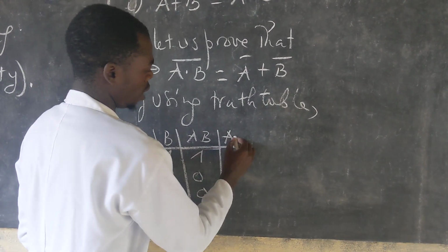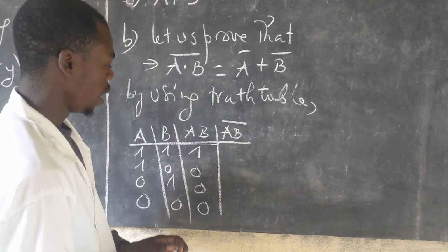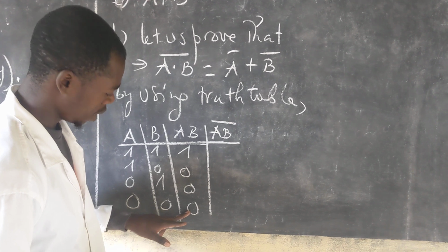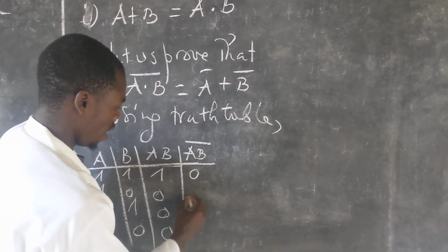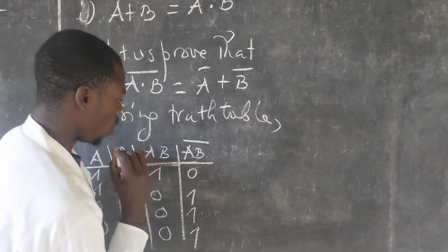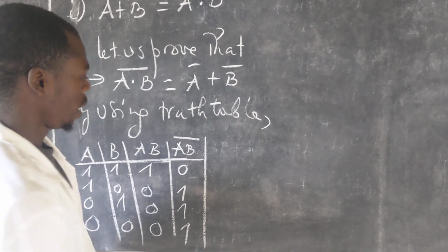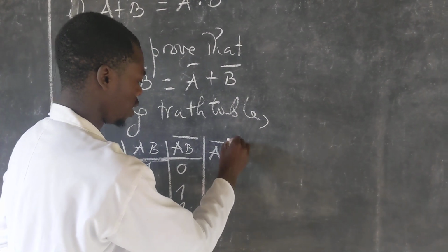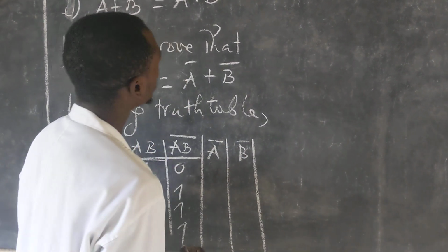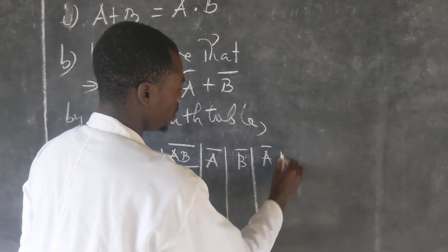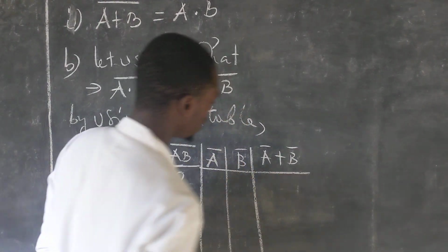So now A cross B negation, we have to invert this, 0 into 1 and 1 into 0, meaning that here we have 1, 1, 1, 0. So now, we want to compare. Here we have A negation and then B negation. So now, A negation plus B negation. So let us see whether this can work.